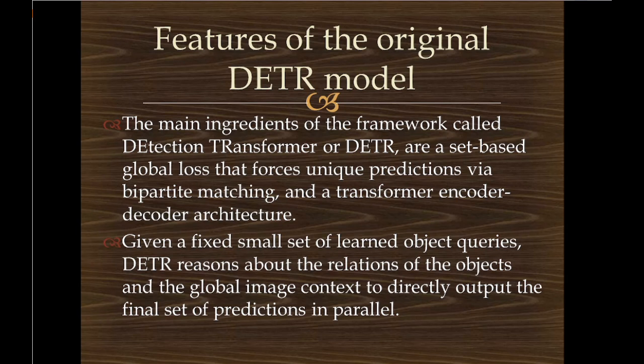Given a fixed small set of learned object queries, DETR reasons about the relations of the objects and the global image context to directly output the final set of predictions in parallel.